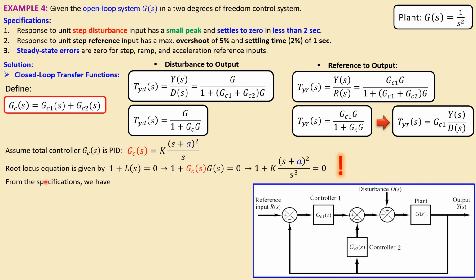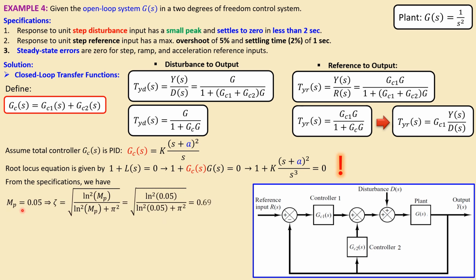Now from the specifications we have this: Mp was 0.05, or 5%. Going to the formula again, you will get 0.69 for the damping ratio zeta. Now the settling time is 1, so 4 over the settling time will give you sigma d, the absolute damping, again 4 radians per second as in previous examples.